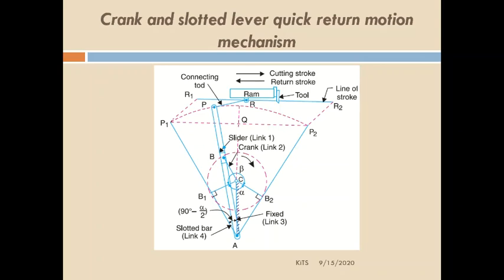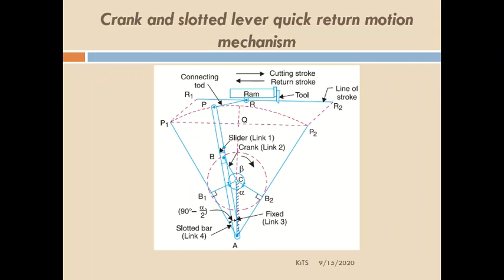Today, we are going to see about crank and slotted lever quick return motion mechanism. As I told already, quick return mechanism means the forward motion or cutting stroke will be slower than the return motion, because in the return motion, in most of the machinery items, the tool will not remove any material. In the forward stroke only, tools will cut the material or remove the material.